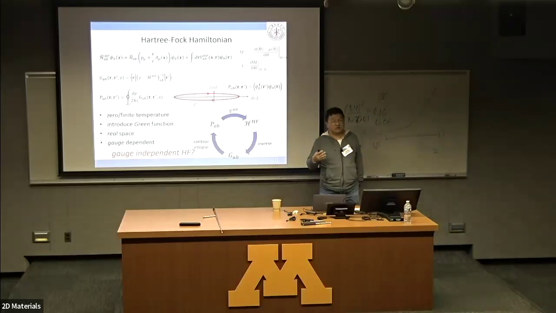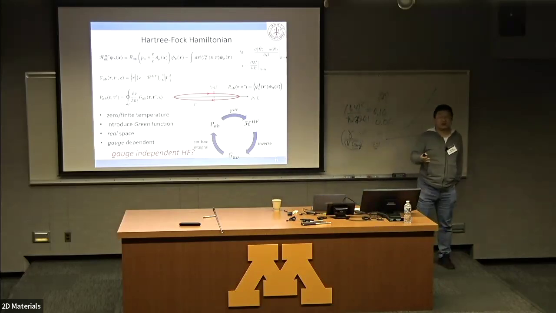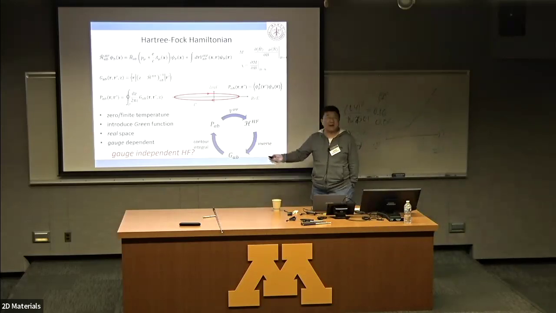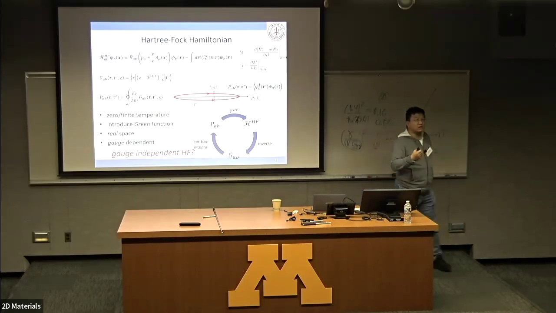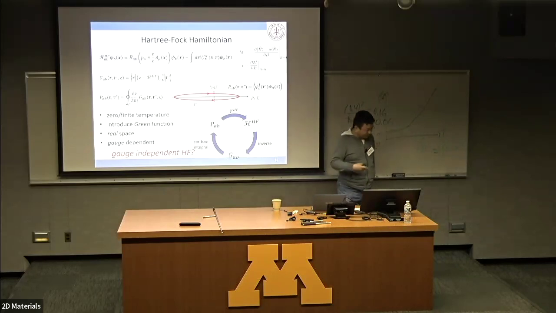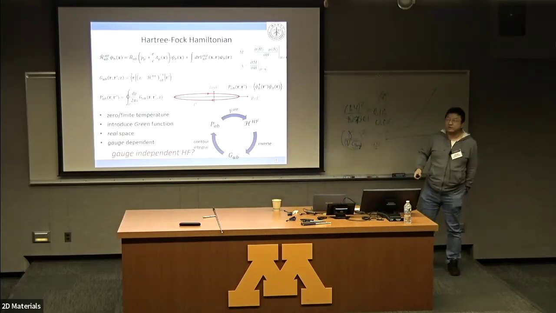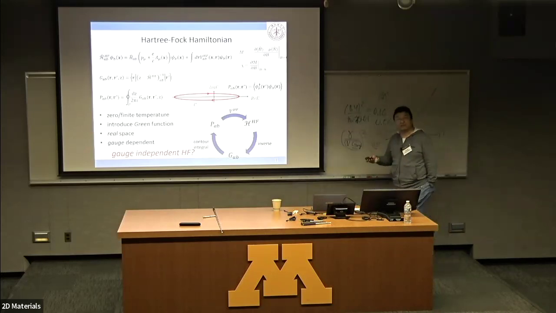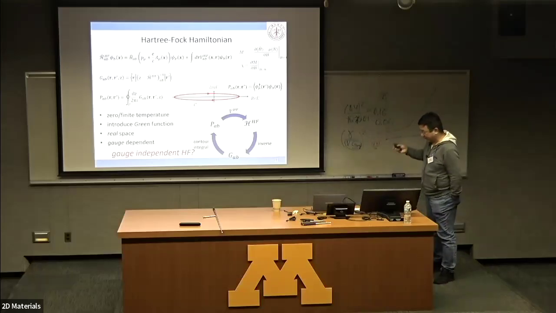However, the one issue is that almost every quantity is not gauge independent. They depend on your gauge choice for the A field. As I mentioned before, one issue with all this approach to studying the orbital magnetism is that it's not gauge invariant, or at least it looks like everything depends on the gauge.